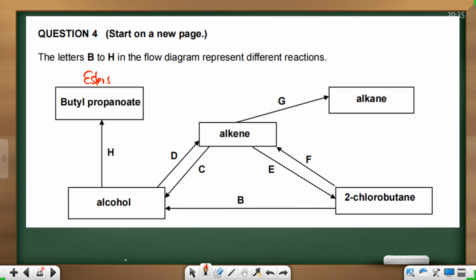Look, automatically, once you see this, I can tell you that this is straight butane. We just need to find out where the 2-chloro is, and most likely it's going to be 2-butanol. And I can tell that, because look, it's on carbon 2. I can already tell you that it is 2-butanol.